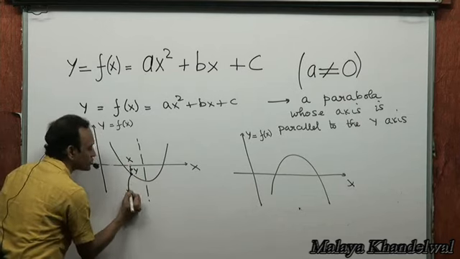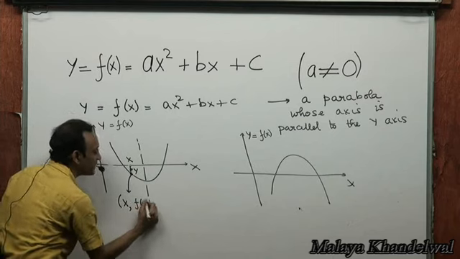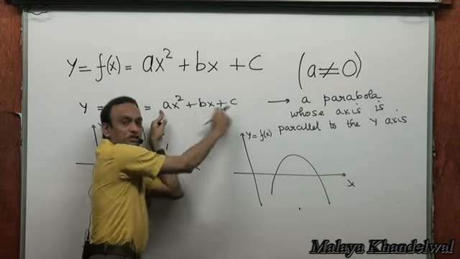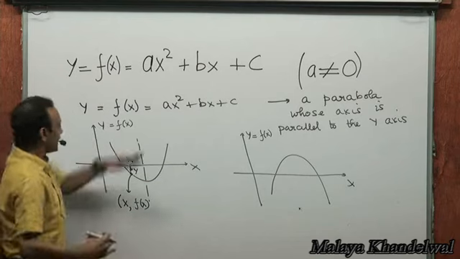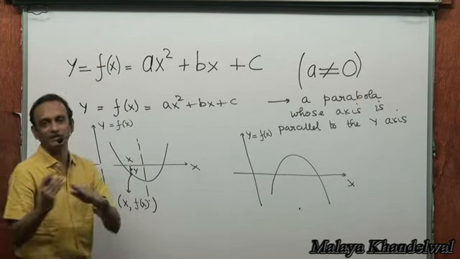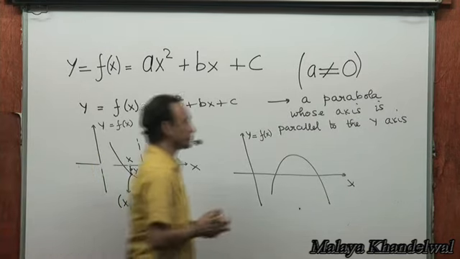That means this point on the parabola has coordinates x comma y, where y is f of x. For any given x, f of x means the value of this expression at x. That's plotted in the y direction, assuming different values for different values of x.